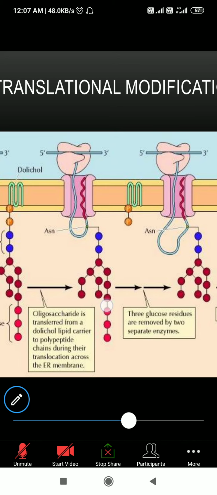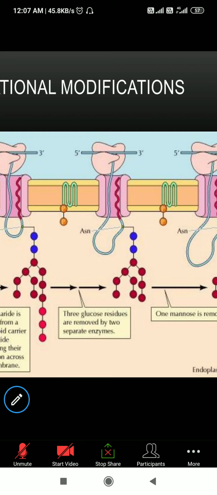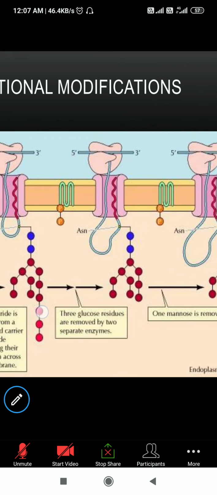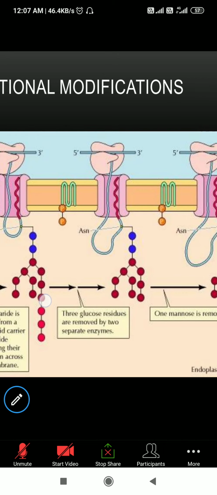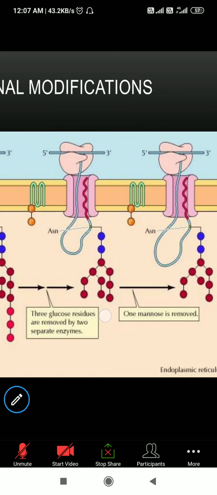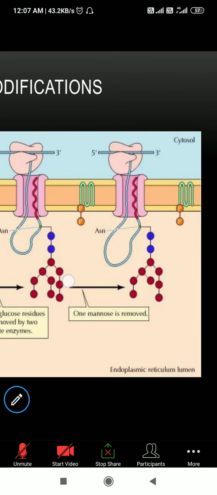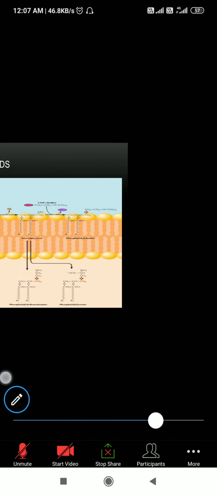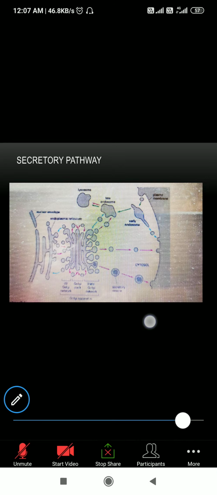Four sugar residues, glucose residues, are added, and four sugar residues are removed, along with one mannose residue, while the protein is still in the lumen of the endoplasmic reticulum.